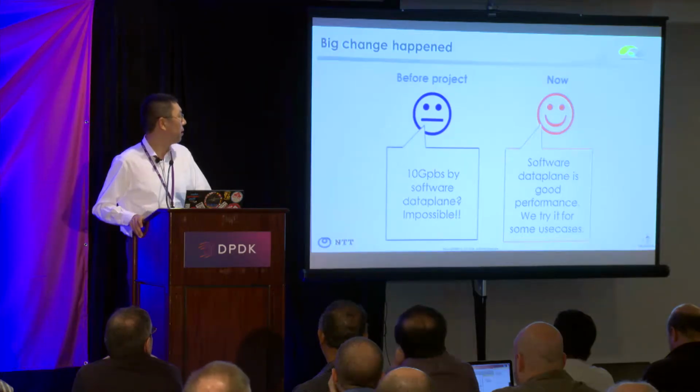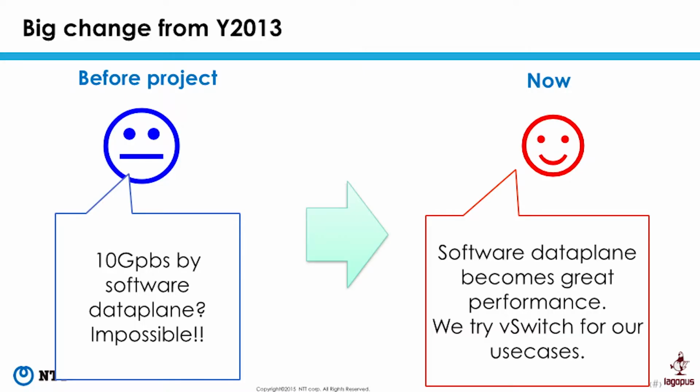So before this project, everyone said a software data plane is nonsense because it has no performance and no capability for carrier systems. But now we see many people are interested in the software data plane using DPDK, because the performance itself is very good. I think it's great.